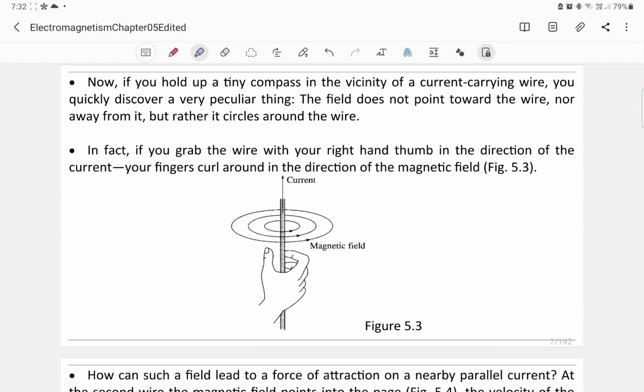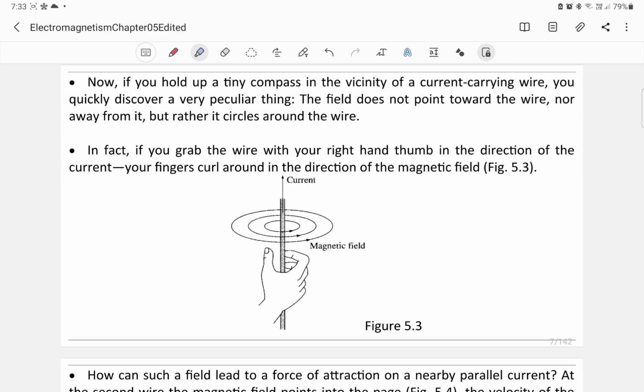So if you put a tiny compass near a current-carrying wire, you will discover that the field does not point toward the wire nor away from it, but rather it circles around the wire.